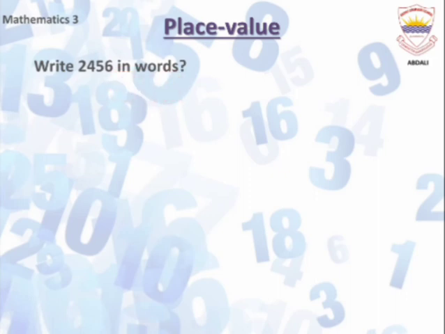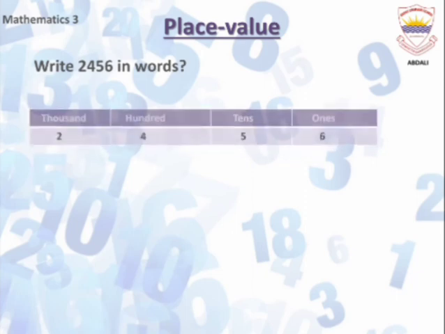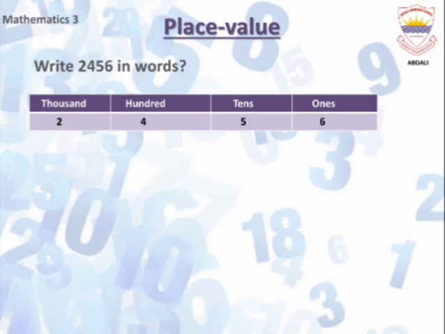As we discussed in our last question about place value, do you know how we write it? Yes. First of all, we categorize the places of 2, 4, 5, 6 in a place value chart.